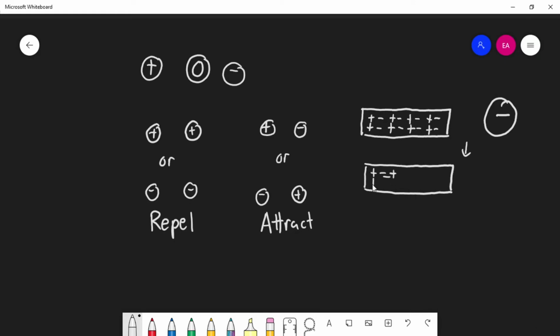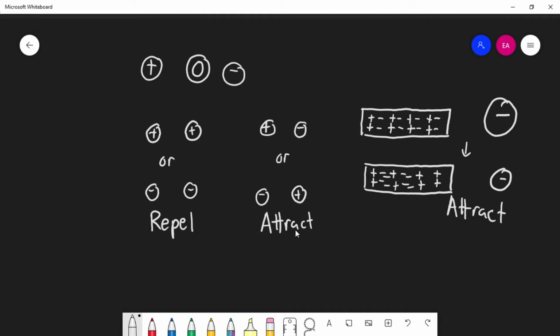It would become more like this. However, it's still electrically neutral. Since this side is more positive than the other, and it's nearer to the negative charge that we introduce, this will also attract.